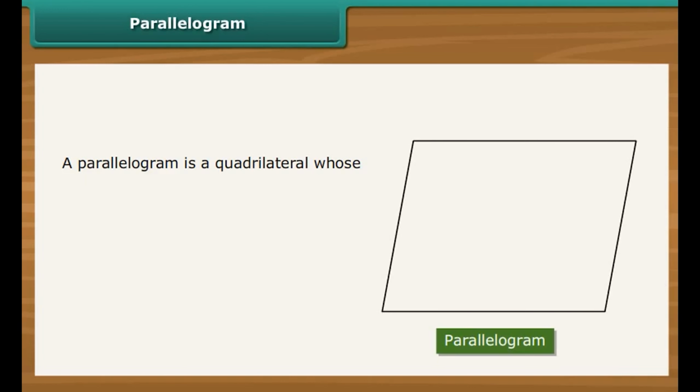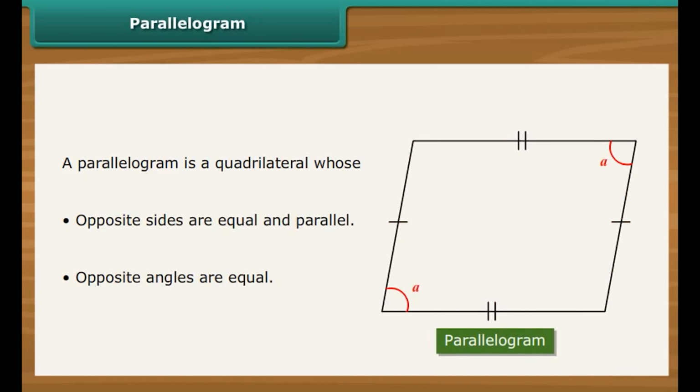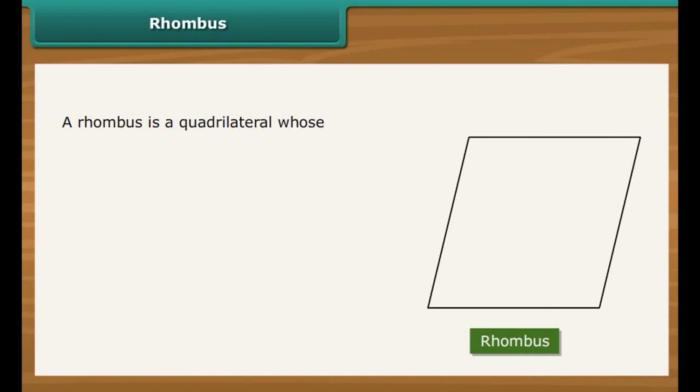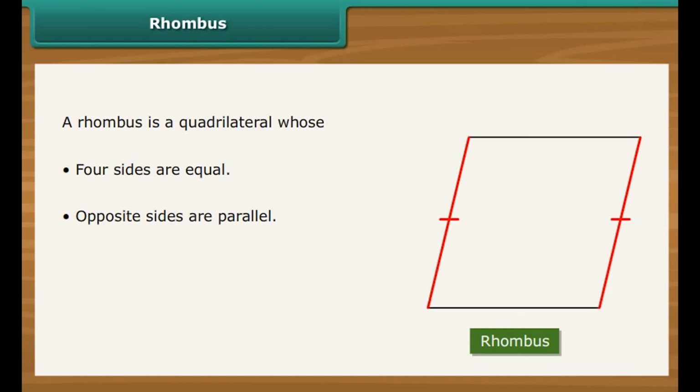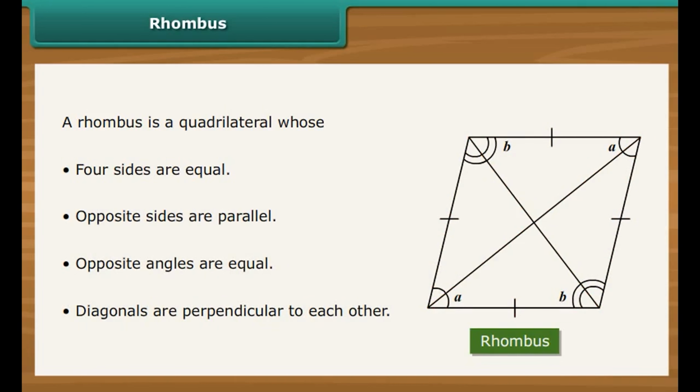A parallelogram is a quadrilateral whose opposite sides are equal and parallel, whose opposite angles are equal. Rhombus. A rhombus is a quadrilateral whose 4 sides are equal, opposite sides are parallel, opposite angles are equal, diagonals are perpendicular to each other.